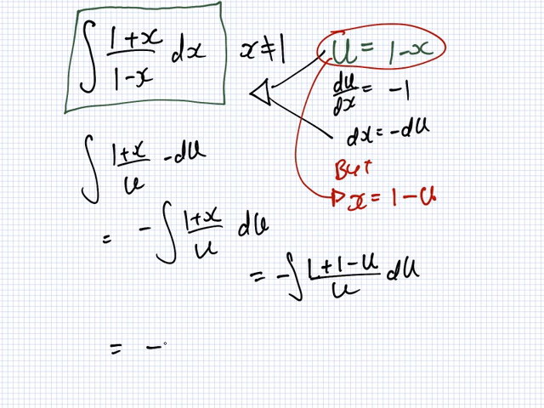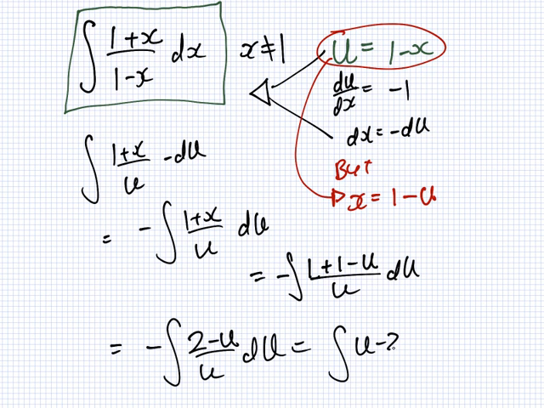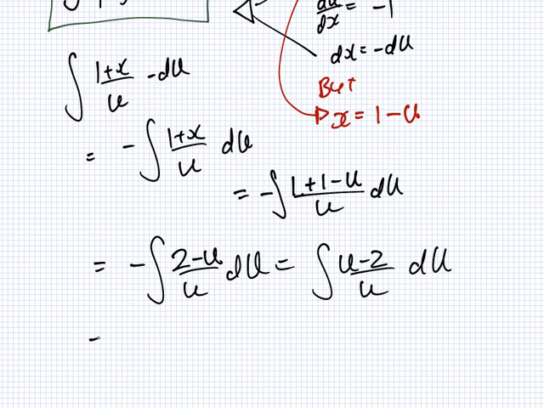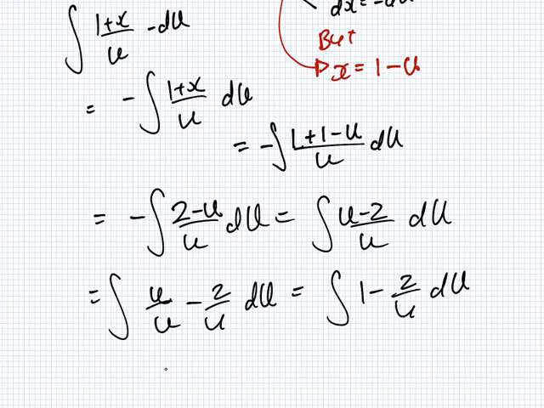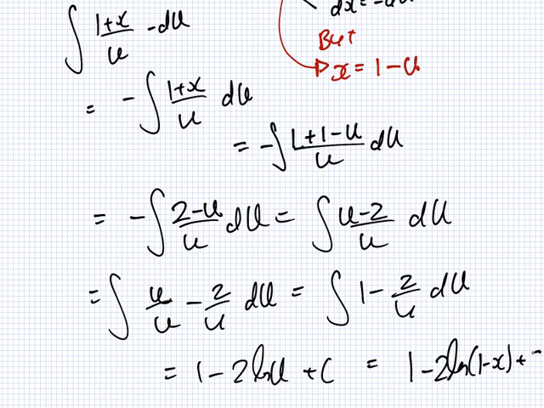So now I get minus integrate 2 minus u over u du, which equals integrate u minus 2 over u du, if I put the minus back in, which is integrate u over u minus 2 over u du, which is integrate 1 minus 2 over u du, which is u minus 2 log u plus c, which is 1 minus x minus 2 log 1 minus x plus c. That is the answer.